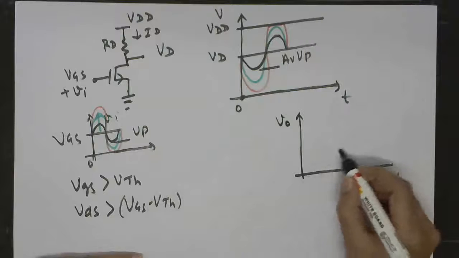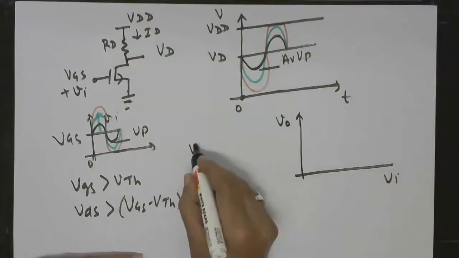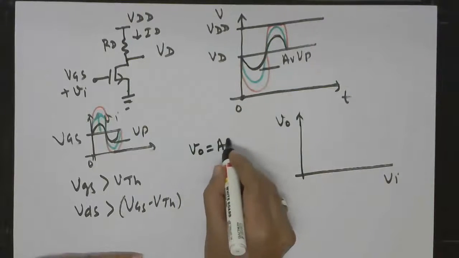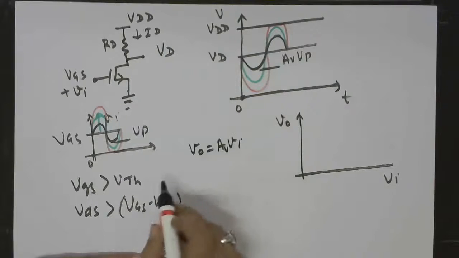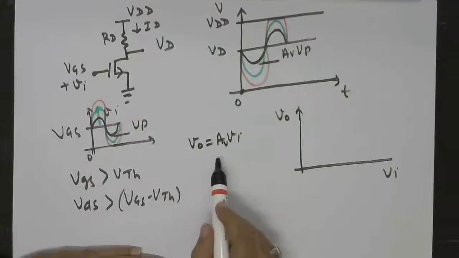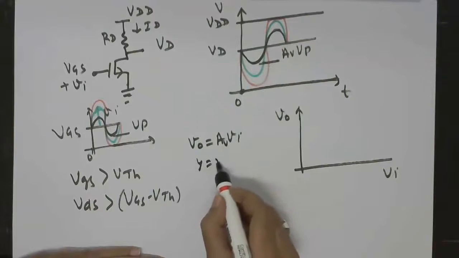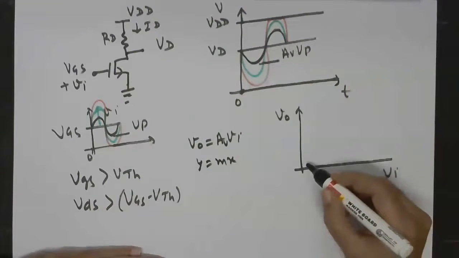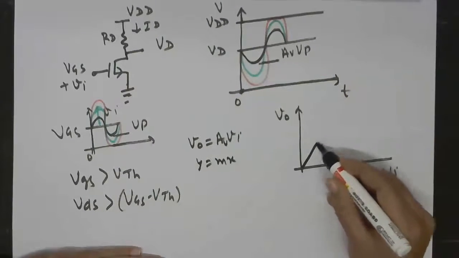Right. So this graph we know will be related by VO is equal to AV into VI, the gain of the amplifier. Y is equal to mx. So we'll have this kind of graph.